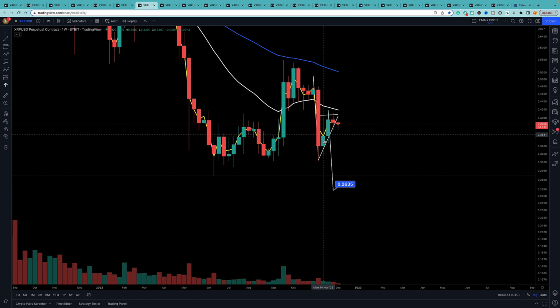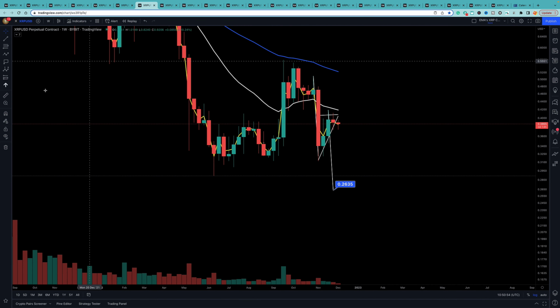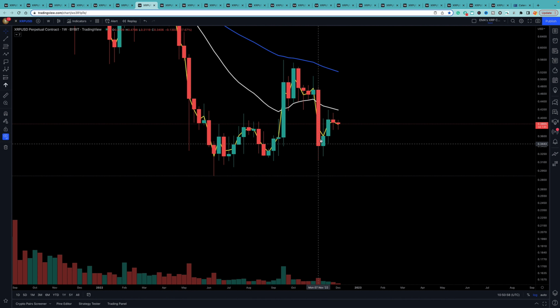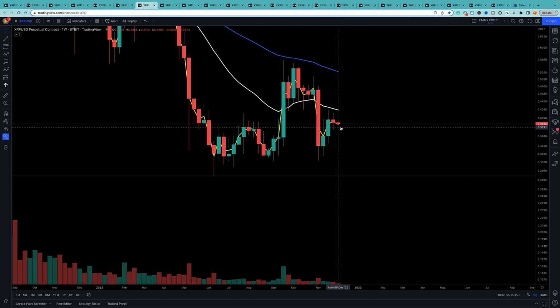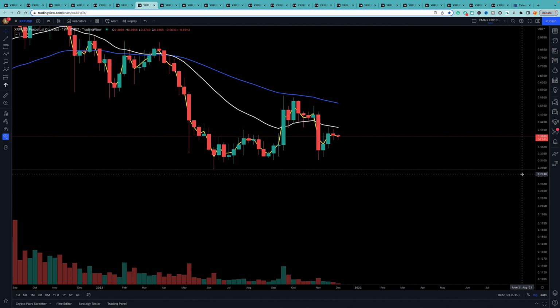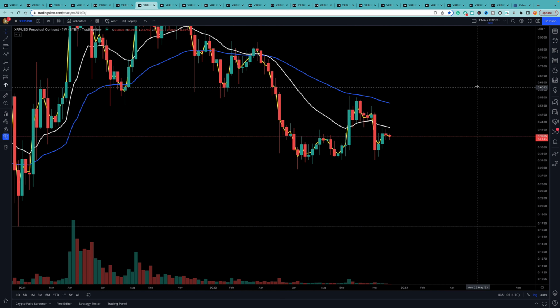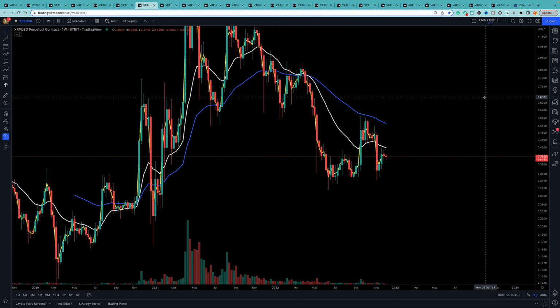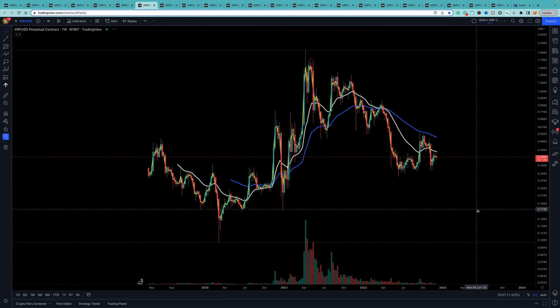You can see the weekly looking like, again, there's that tipping point. Let me get this out of the way. So you can see the tipping point, and it's starting to work its way down. So from the point of view of the TA, it's very hard to believe that this isn't going to drop further.